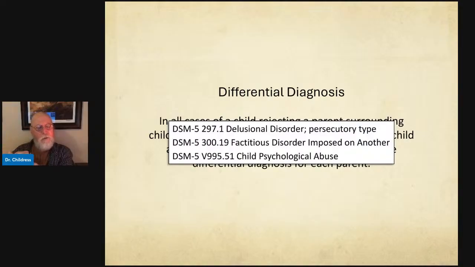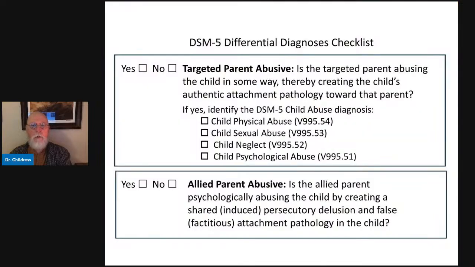Because if it's not true, it's false. It's a delusion, and it's a false factitious pathology. Or they can say, no, it's authentic. But then it's child abuse by you. But it's not child abuse by you. It's a false thing. Get them to say it's a false thing. Either one or both of those, or it's child psychological abuse.